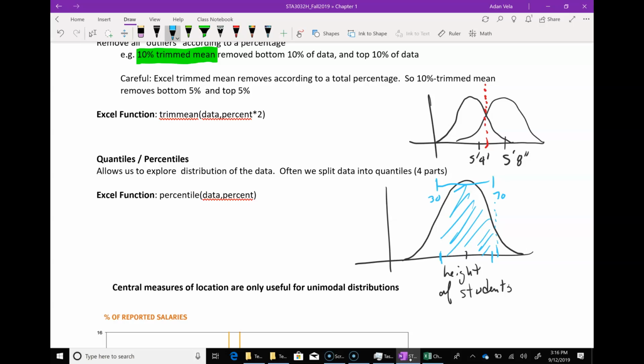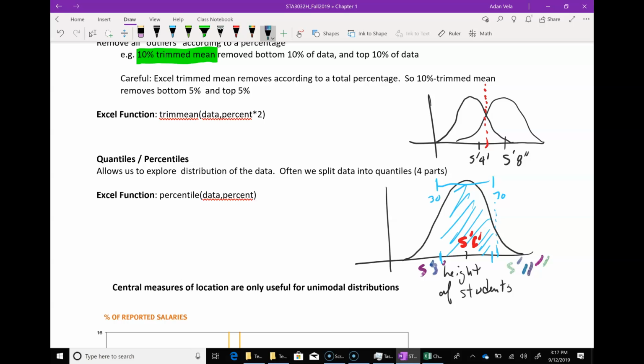So maybe I'll say something like, oh wait, we never decided on a height. So let's say it's 5'6", just for fun, right between the two. We could say something to the effect that maybe the 30th percentile of students is 5'3", while the 70th percentile is, I don't know, 5'11", okay?